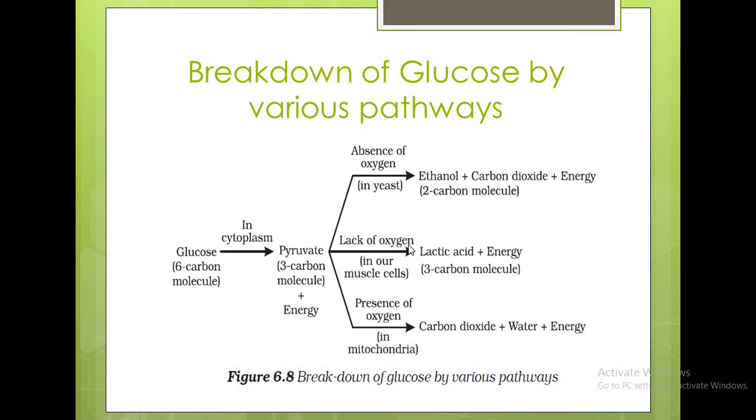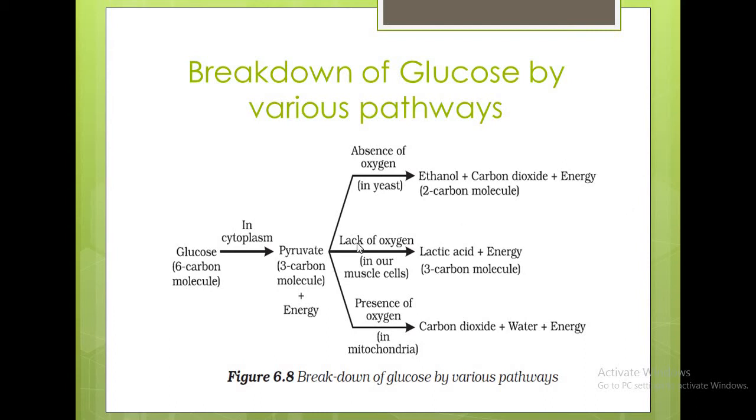One is lack of oxygen. Lack of oxygen is not a permanent condition; it takes place for some particular time. If you do continuous exercise, you may lose some energy in that particular time, which means losing oxygen at that time.